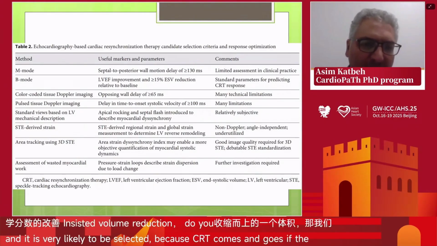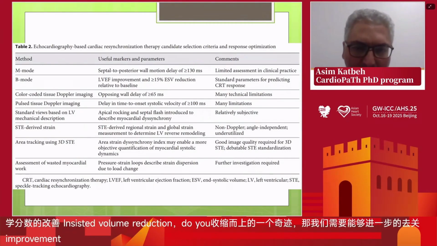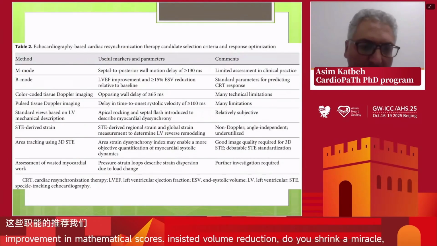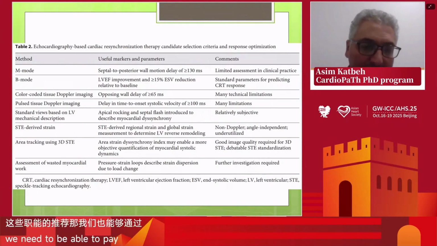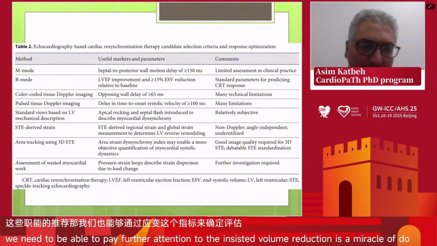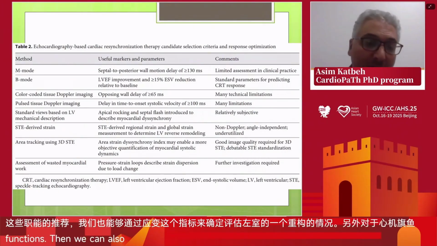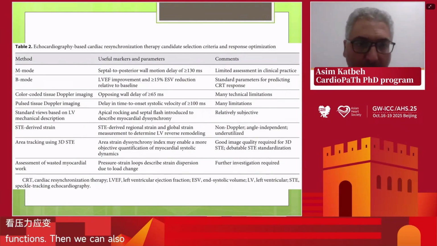Speckle tracking derived strain also helps us determine LV reverse remodeling. And the promising novel index, the assessment of wasted myocardial work based on the pressure-strain loop, describes strain dispersion due to load changes, but further investigation is required in this field.